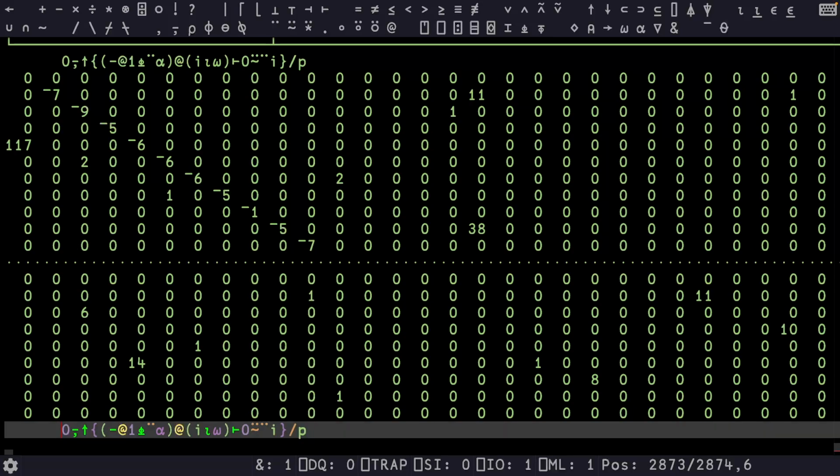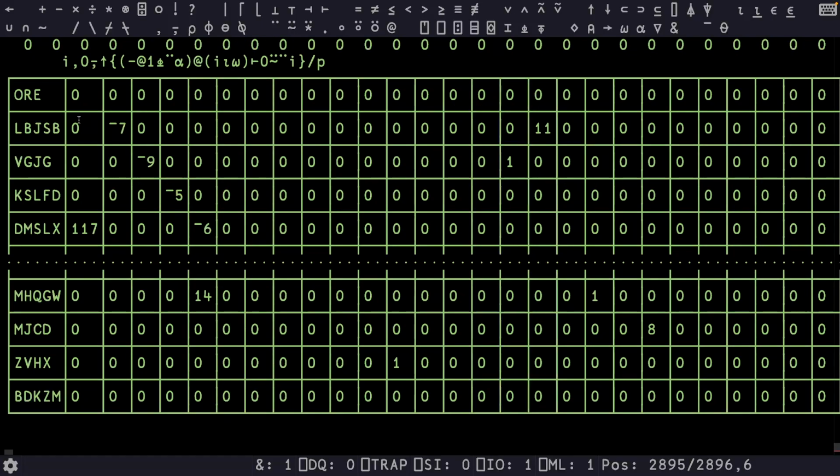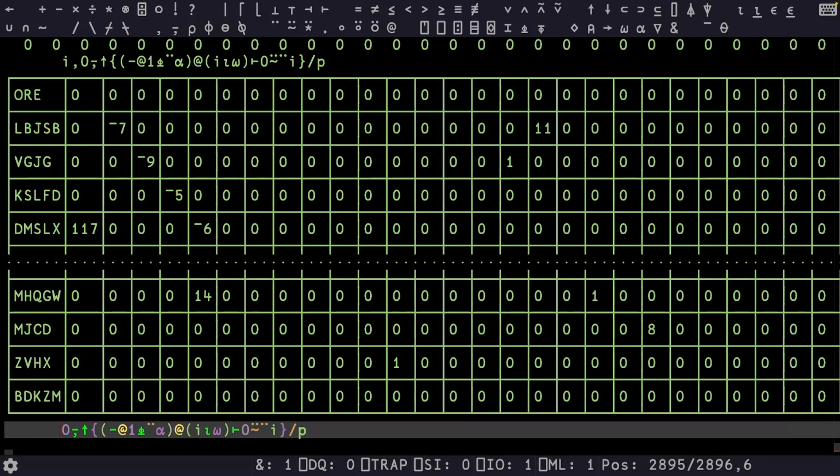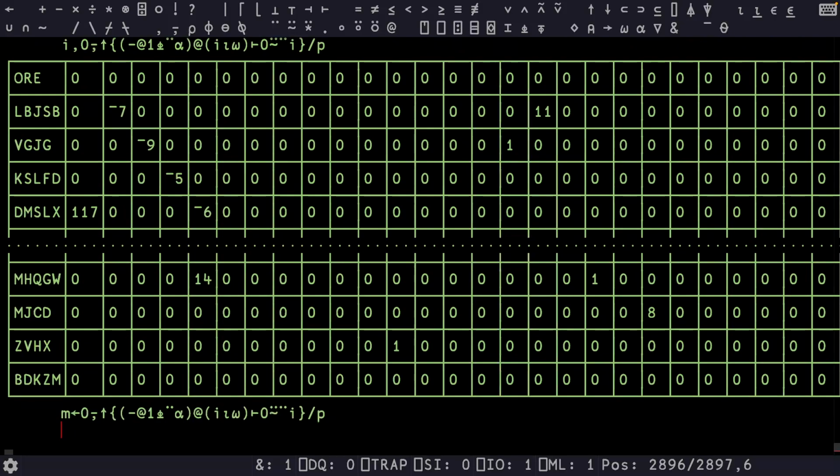So now if I do catenate, you can see that each row represents a particular reaction. For ORE, because there's no reaction, we basically have no output, no inputs, so everything's just zero. And then for every other reaction, we have a single negative number that denotes output and some positive numbers where their indices here represent the ingredient that they're taking as input, right? Okay, so with this matrix complete, we can call this M.